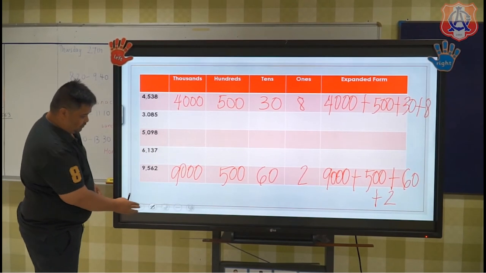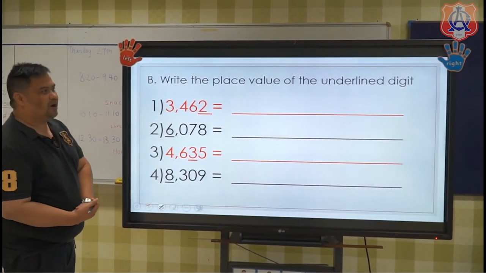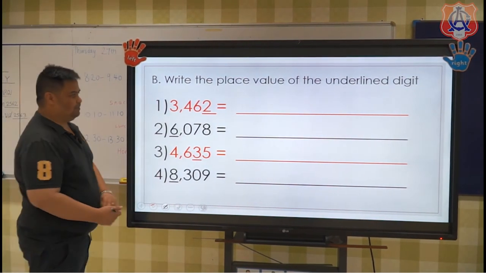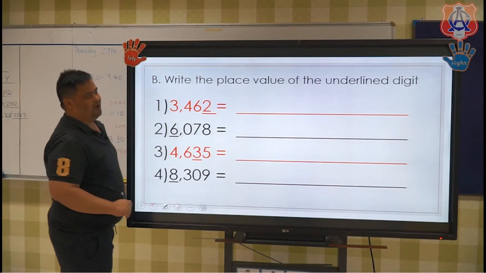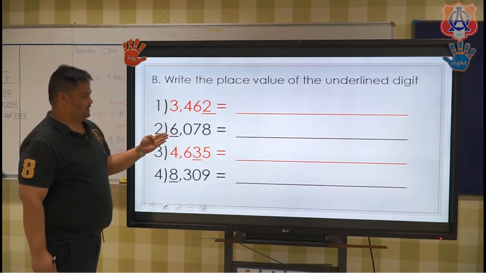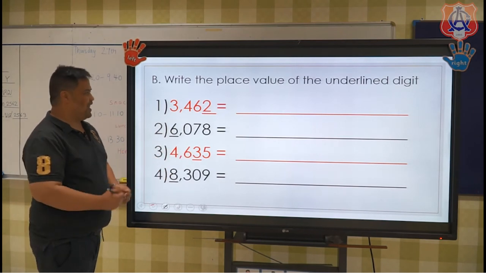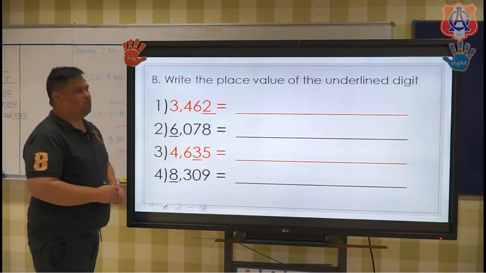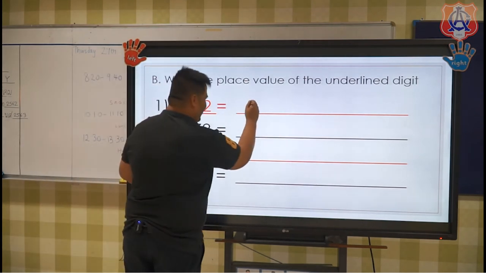Let's do the next one. Okay? Write the place value of the underlined digit. We're talking about the place value of the underlined digit. 2, 6, 3, and 8. Can you tell me the answer for number 1? What is the place value of 2? That is correct.